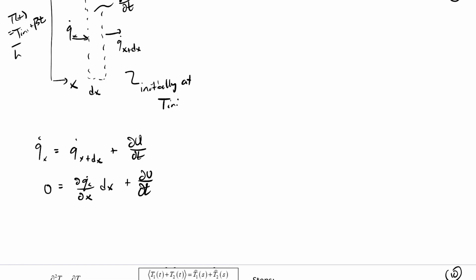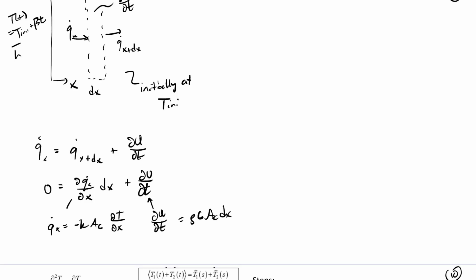Okay, our rate equation for conduction, this is for a plane wall, so we have Q dot at X is equal to minus K AC partial of temperature with respect to position. And then our internal energy storage term, dU d time, is equal to rho C AC dx, right?